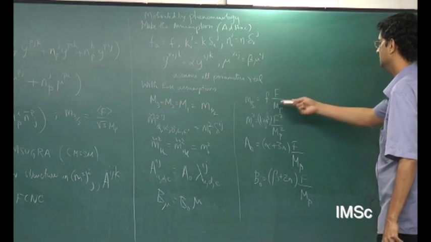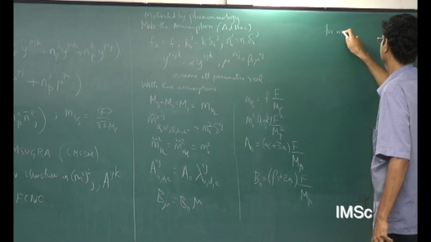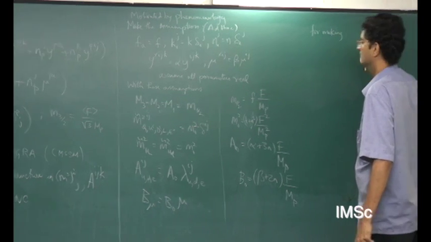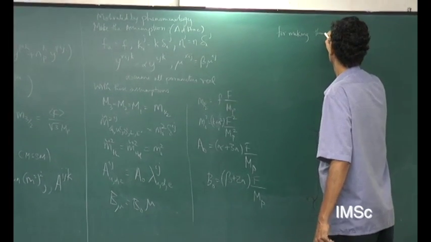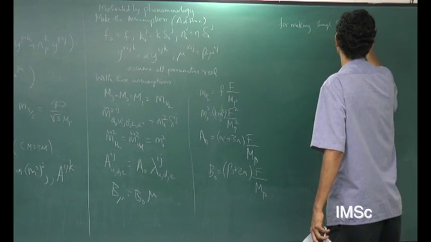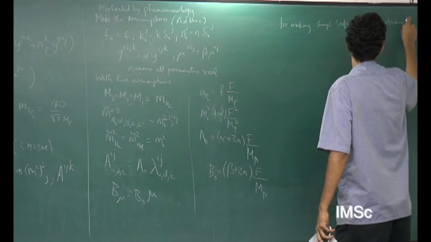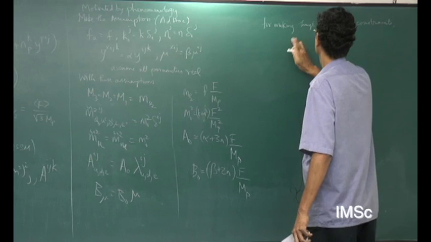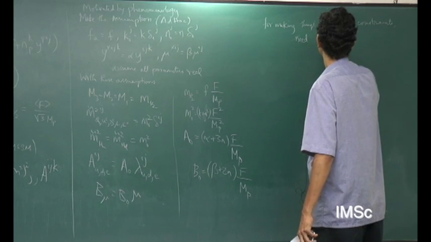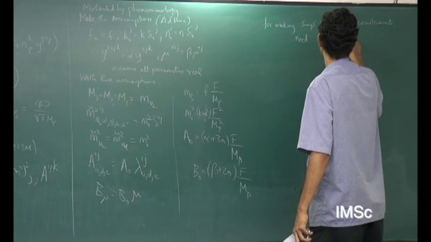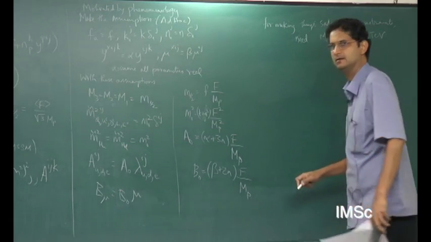And so if we need all of these to be roughly a TeV for making things safe from constraints, we need the scalar masses roughly of the order of a TeV, right?